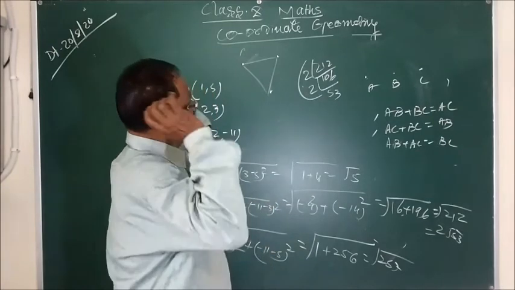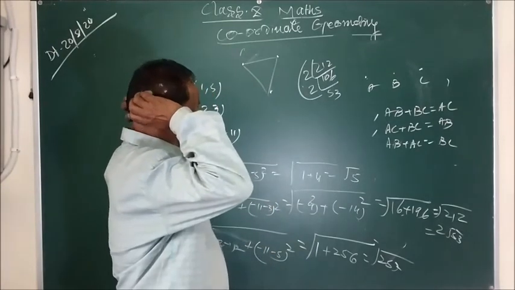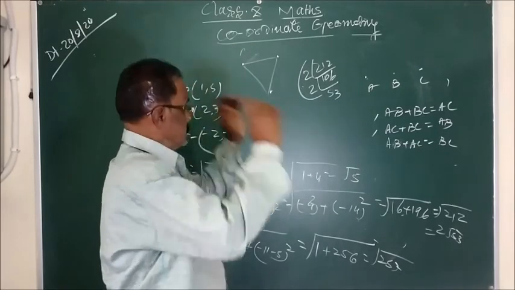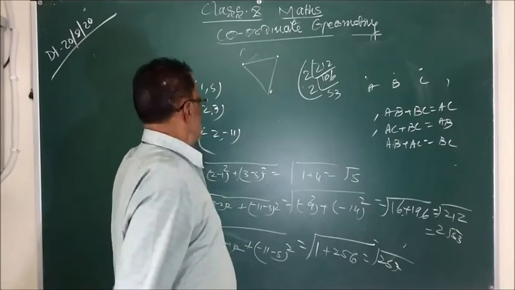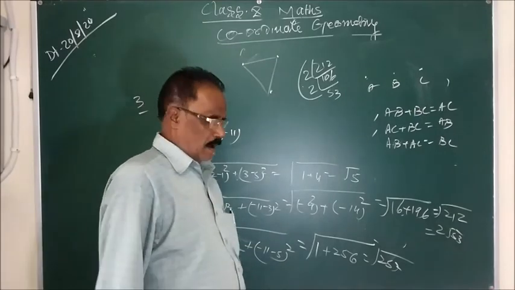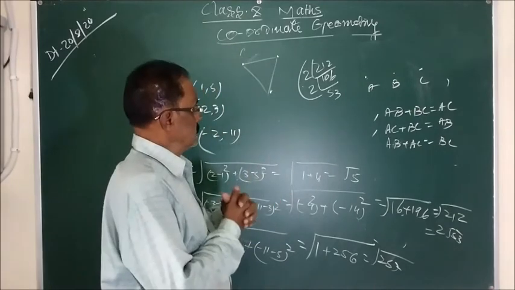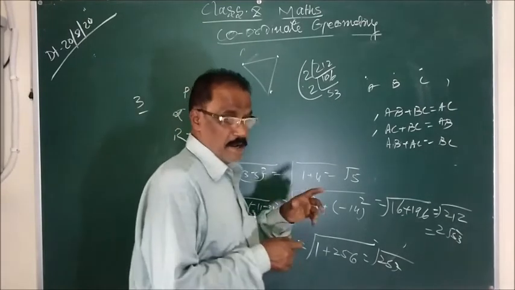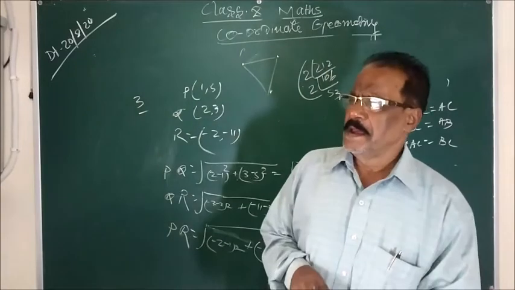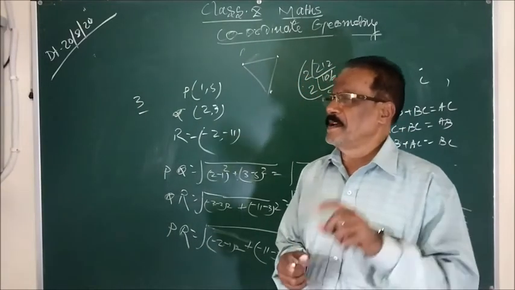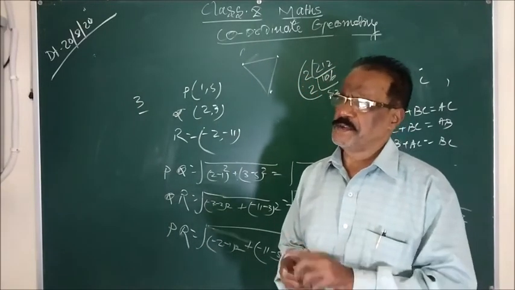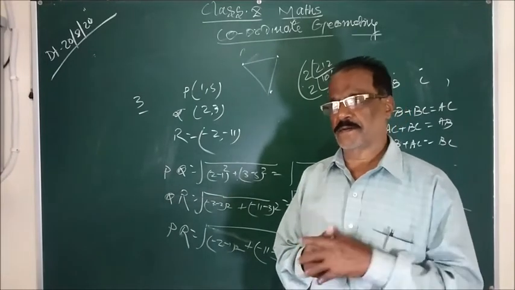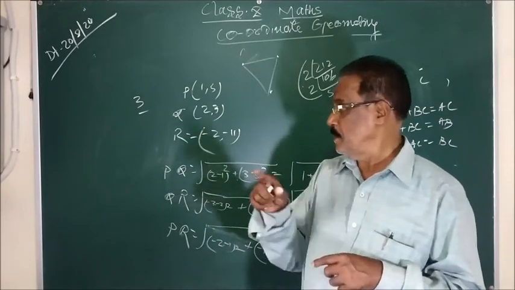So, my dear students, in College Geometry, Chapter 1, Exercise 7.1, you have to use the distance formula. I have already told you that the distance between two points, if the coordinates are given, we can find by that formula: x2 minus x1 whole square plus y2 minus y1 whole square under root.